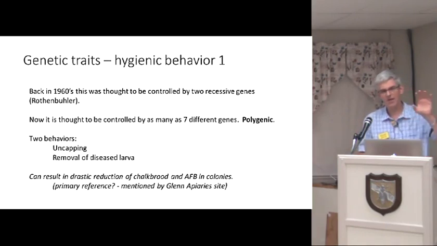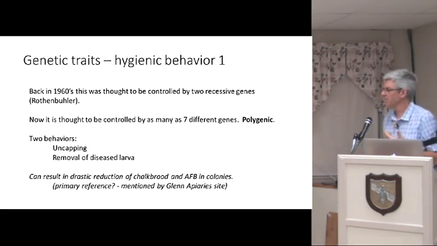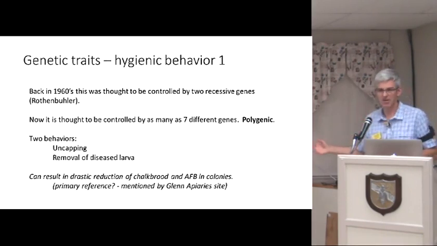And so if you have enough of these hygienic behavior genes, then you can have a drastic reduction of things like even American foulbrood or chalkbrood. They'll just detect it and uncap and remove those bad bees, right? And so it can get rid of that problem.